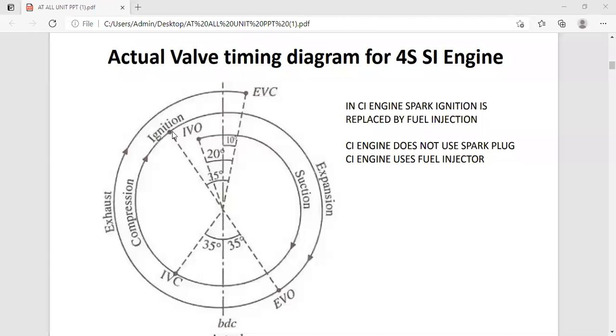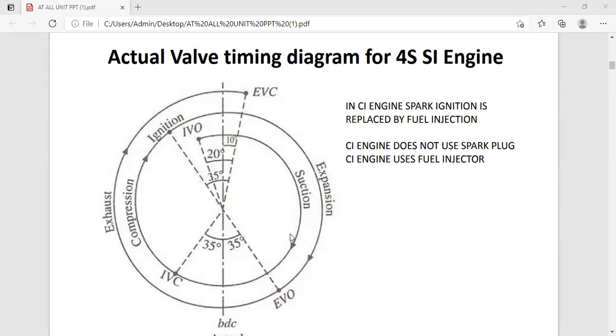Here we are providing the spark 35° before TDC. So this is the actual valve timing diagram of the SI engine, where we have shown the opening and closing of the inlet valve and exhaust valve, and also the ignition point.